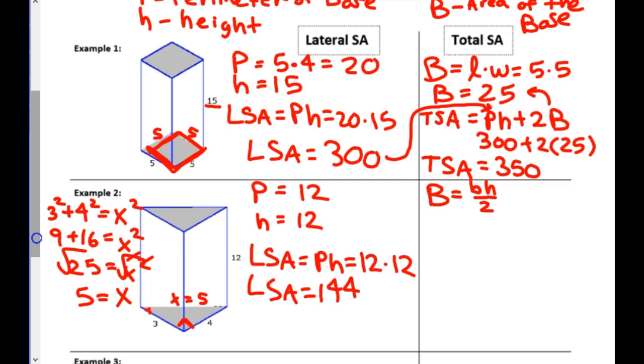So little b is the base of the triangle. So look down here. Base of this triangle is 3. Height of this triangle is 4. So for the triangle's base times height, 3 times 4, divided by 2.